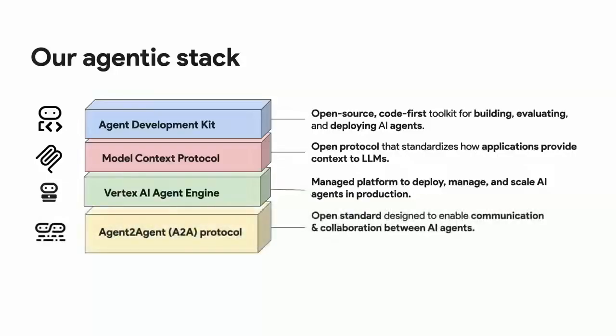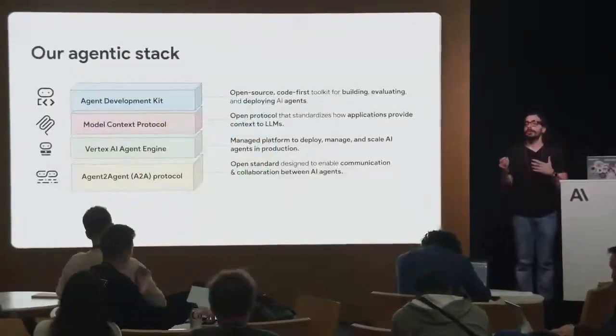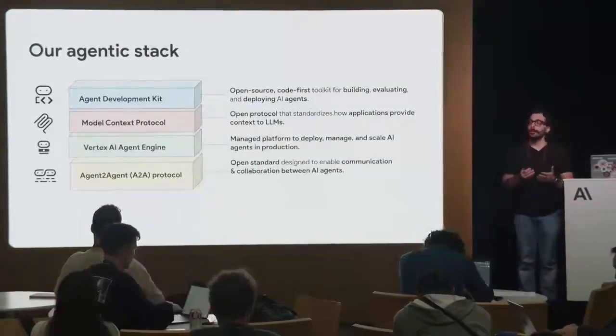And finally, to address the challenge of allowing communication between different agents built with different frameworks, we also introduce the agent-to-agent protocol, which is essentially an open source protocol that will allow you to create this seamless communication and collaboration between agents in whatever framework you build.